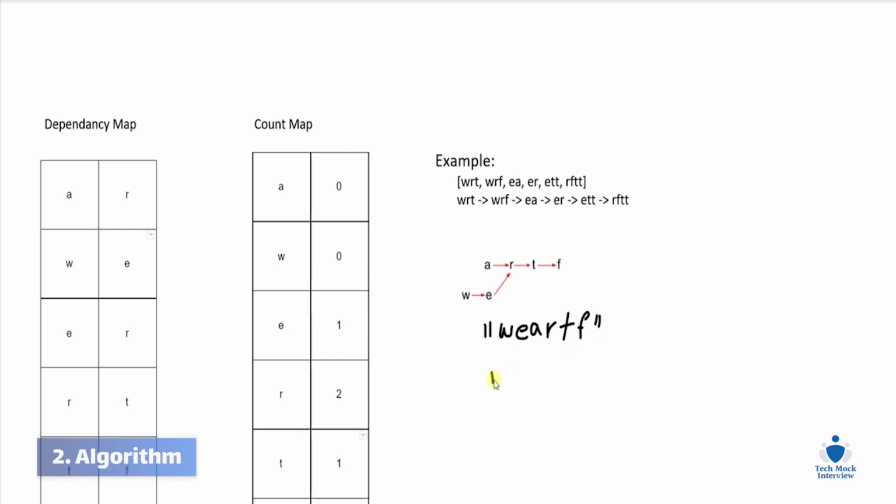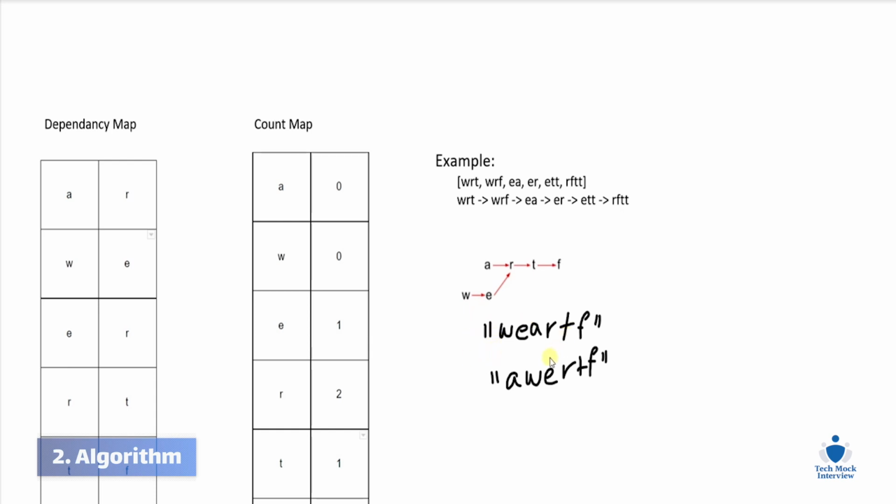Now you could also start from A and come to W and E. So first we can have A and then W and go over E and then R, T, F. The rest is the same. So this is exactly what topological sort means. And there are two possible solutions for this particular example, and we can return any of them.